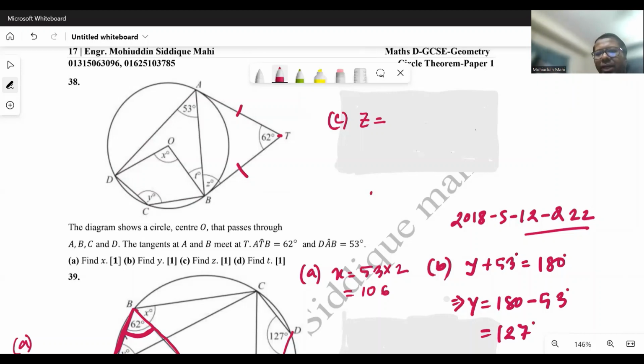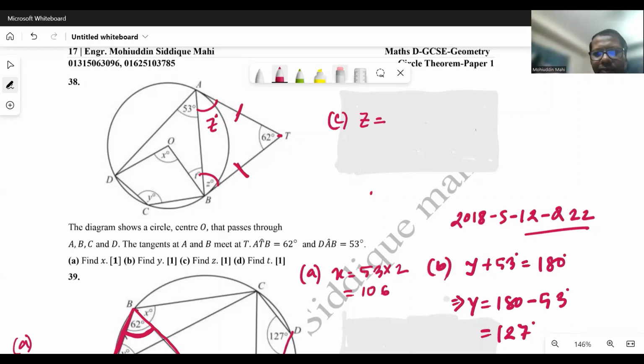So triangle ABT is an isosceles triangle. In an isosceles triangle, two angles will be equal, or angles opposite to equal sides are equal. So these are equal sides, so if this is Z, it's going to be Z as well.